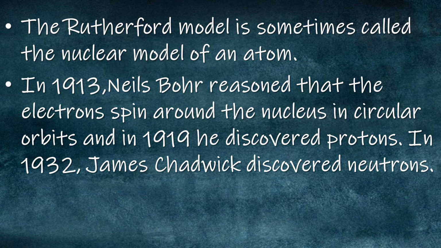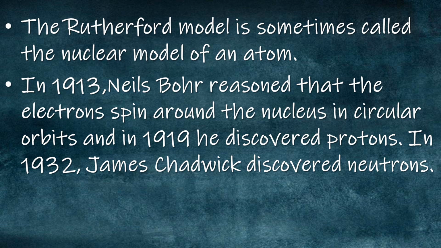So the atomic structure that we're going to look at was the result of very many discoveries by different scientists over very many centuries. According to Niels Bohr, electrons were not just arranged randomly, like Thomson had suggested, and like Rutherford had also maintained.